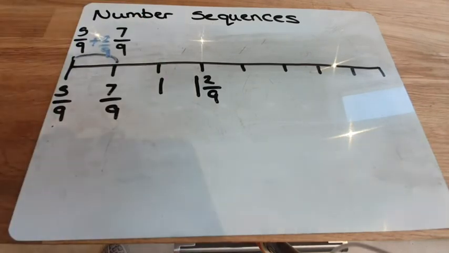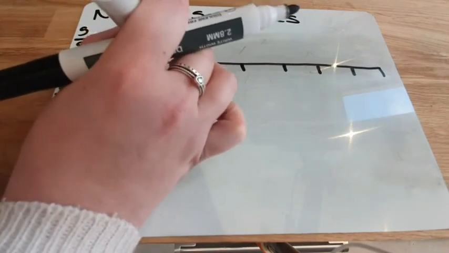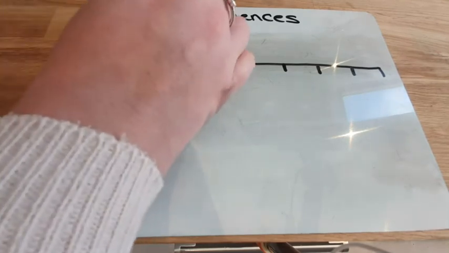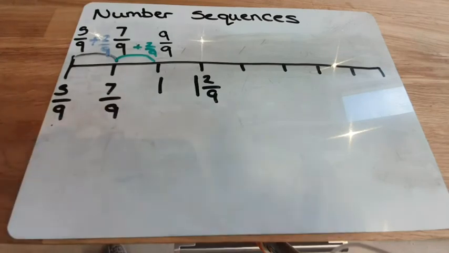Okay, so we can do the top line, which is the improper fractions, and that's a little bit easy for us. So 7/9 add 2/9 is 9/9, which we know is equal to a whole.